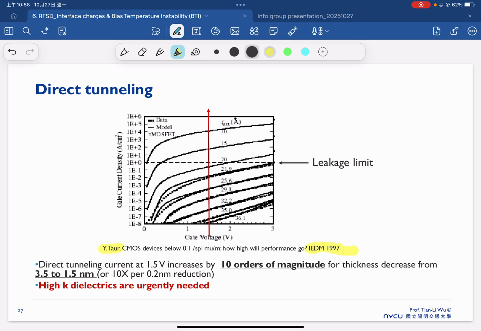So this is 36 angstrom, which is roughly 3.6 nanometers. But if you scale the oxide thickness down to 10 angstrom here, then we see a dramatic increase of our leakage current, which increased by more than 10 orders.